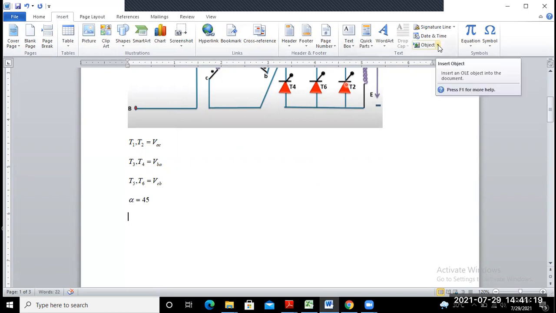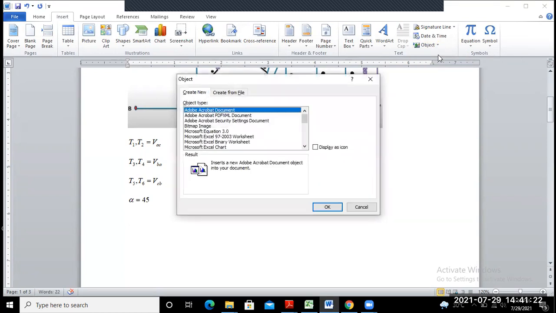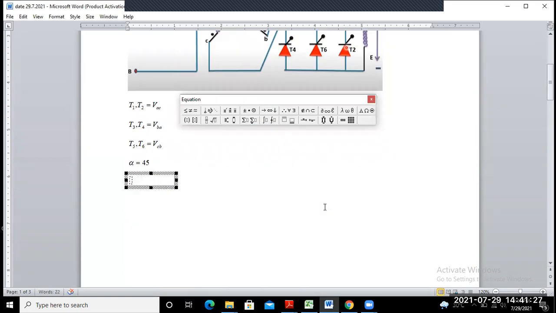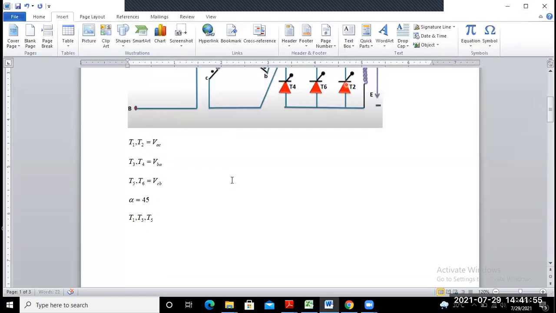T1, T3, T5 you may consider as positive cycle thyristors.